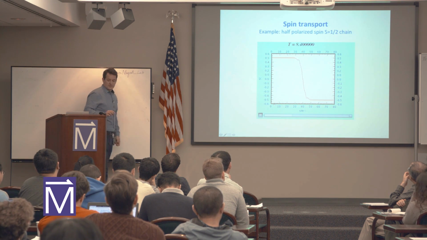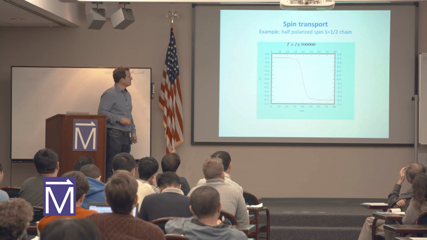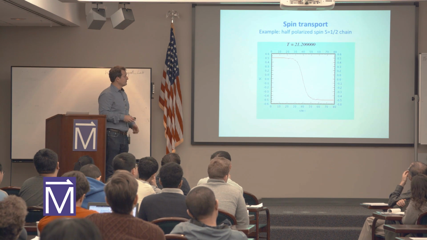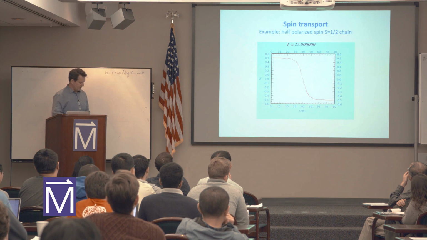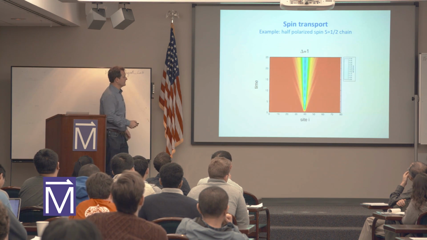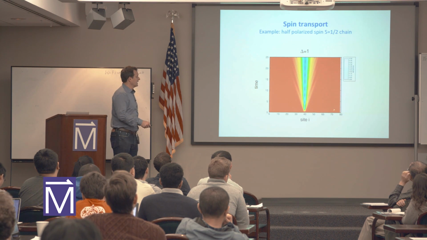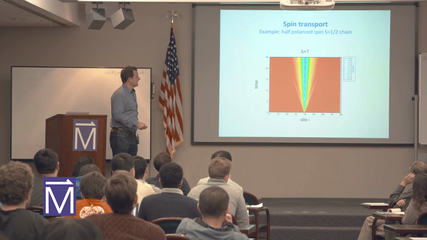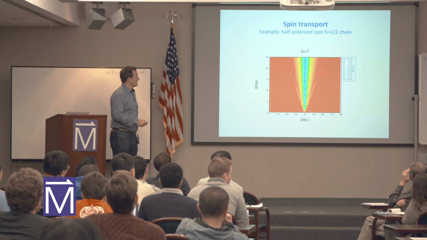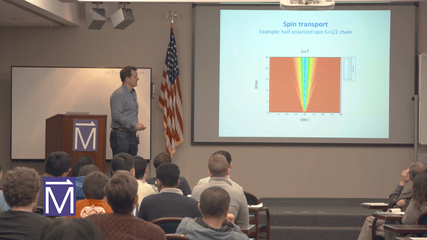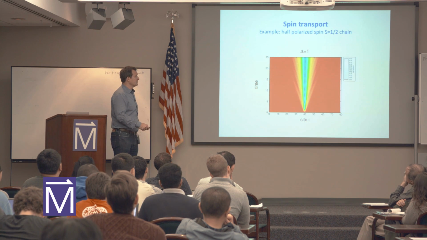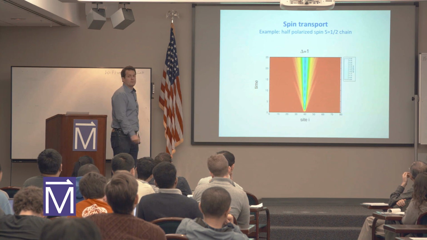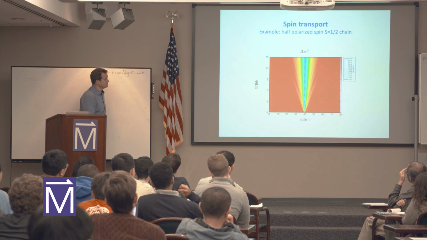And this is the projection of the spin as you evolve in time. You see that basically you have a domain wall that is melting. And if you plot this domain wall in the time and position axis, you see nicely the light cone. You can measure the spin velocity by just looking at the slope of this curve.